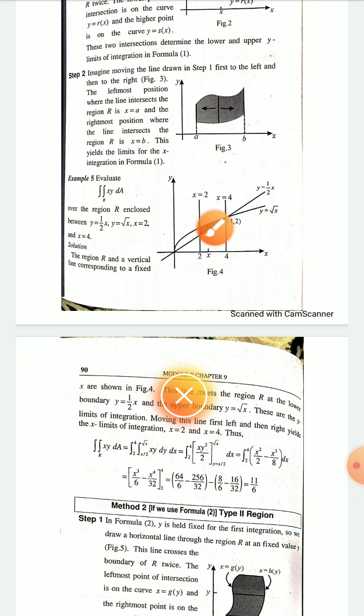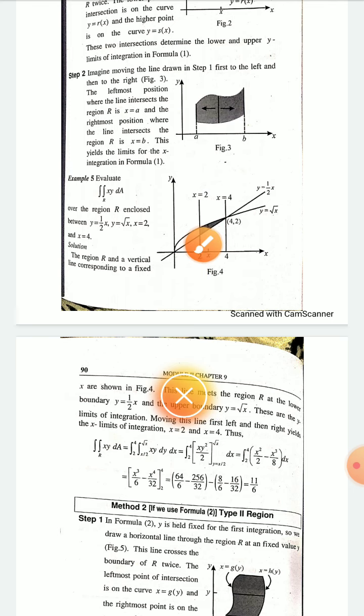This line meets the region R at the lower point y is equal to x by 2, and the upper point y is equal to root x. If we move towards the left side, the point of intersection is x is equal to 2, and moving towards the right side, the point of intersection is x is equal to 4. Since the limits of integration of x are given as 2 to 4, we can take that as 2 and this as 4.